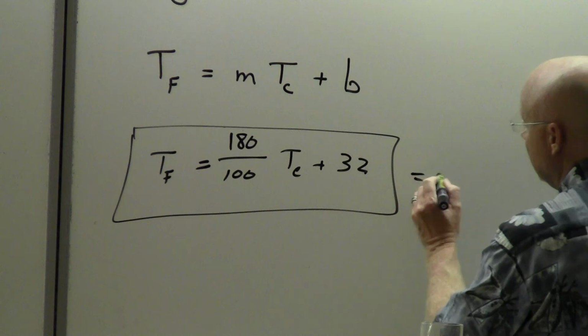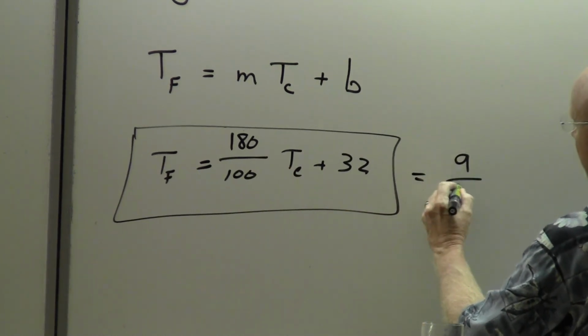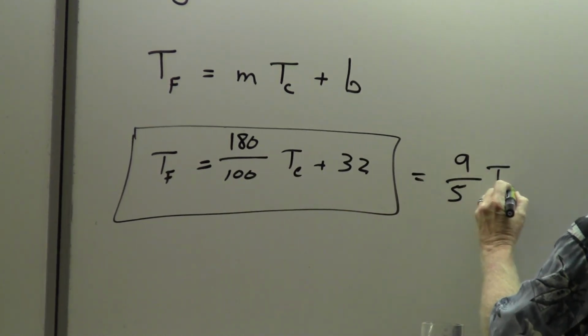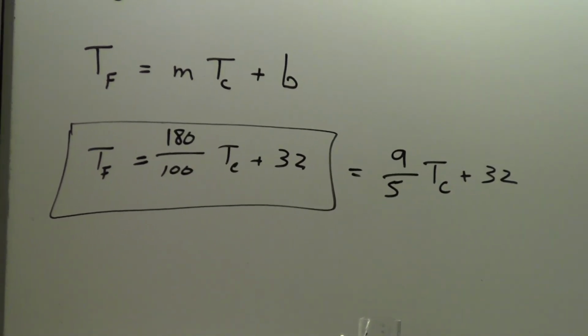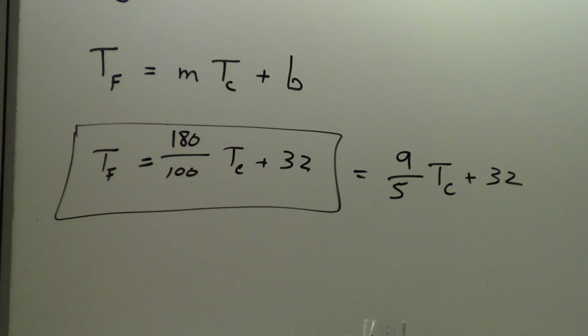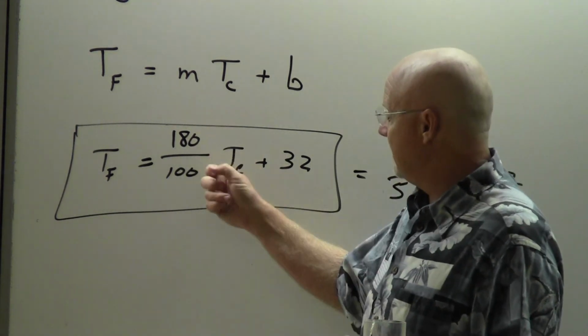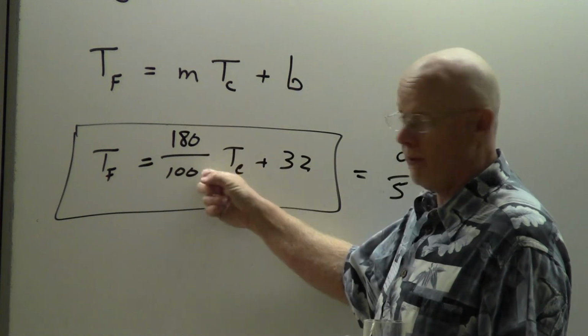You will often see this fraction reduced to 9/5. The mathematician in me says, hey, let's reduce it, it's an easier fraction. But it's easier to remember when you realize it's just the rise over the run.